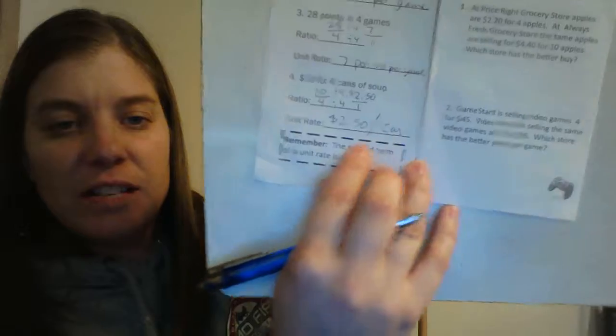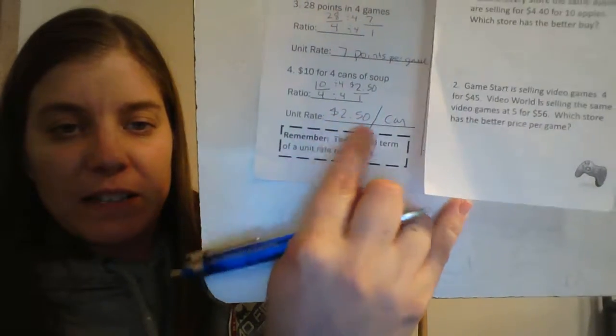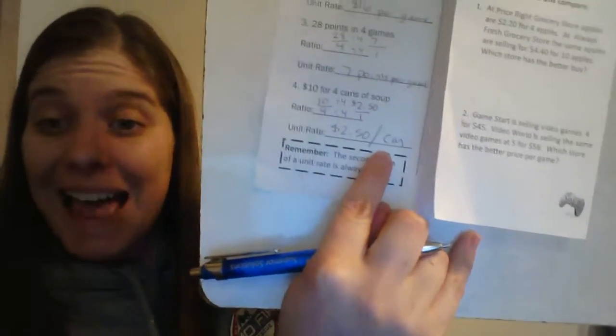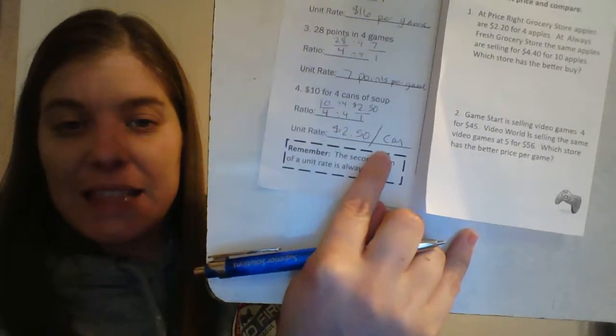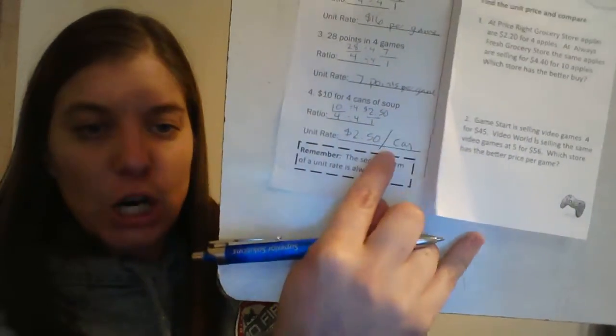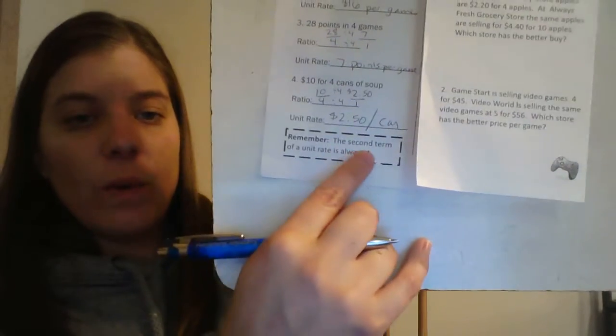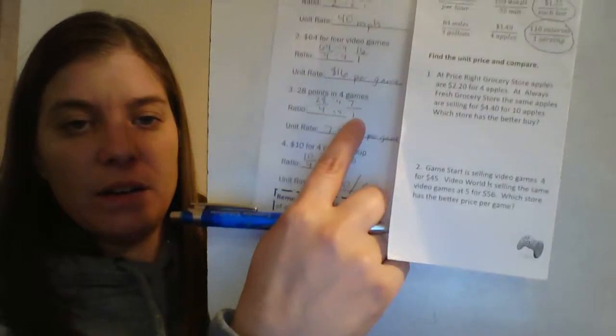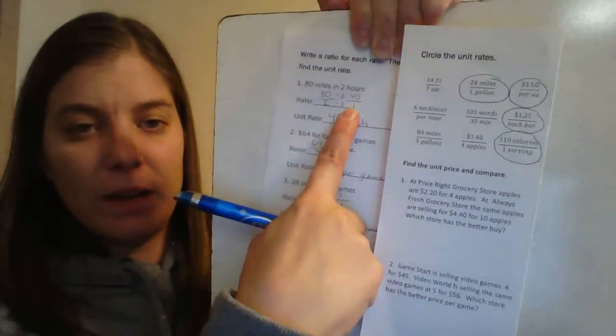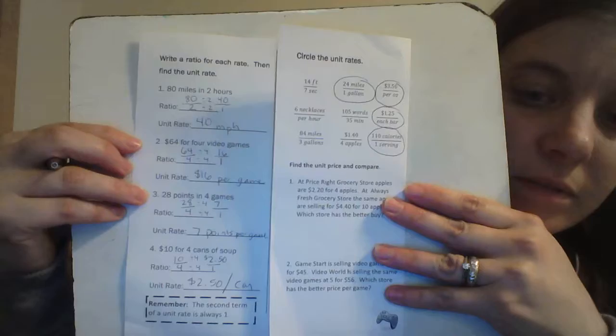Now I want you to look what I just did here. $2.50 per. That slash means per, and you'll start to see that. So $2.50 per can. All right, so remember, the second term of a unit rate is always 1. Okay, 1, 1, 1, and 1. So if you did not get this all copied down, you can pause it now and get yourself caught up.